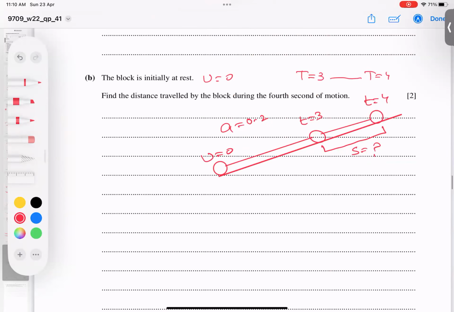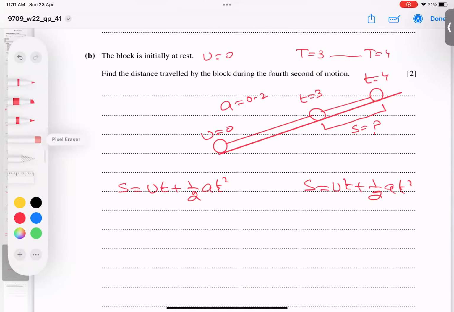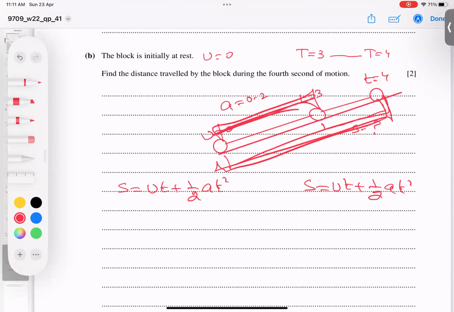The best formula is S equals UT plus half AT squared. I will use this formula two times. What is the plan of action? This is called the first distance, S1, and this is called the second distance. I will subtract to get the distance between them.